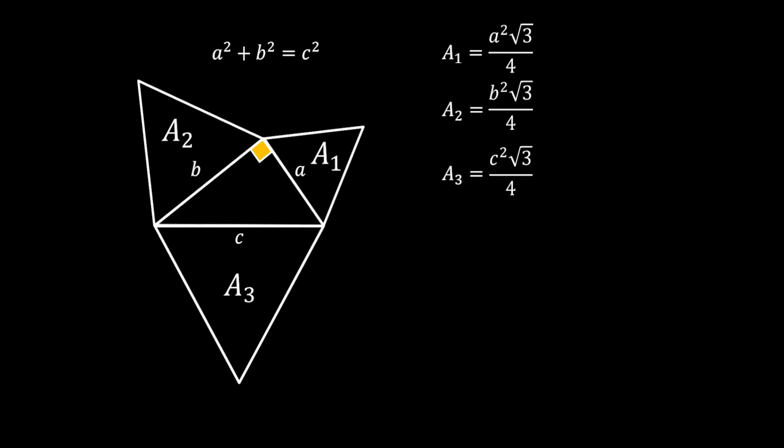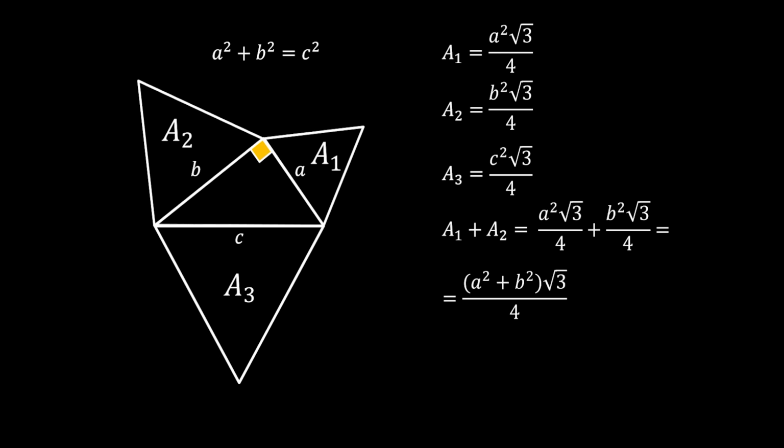Now let's try to find the sum of the areas A1 and A2. We can substitute the values for A1 and A2, and you can see that we have a common factor, so we can group this as A squared plus B squared, times square root of 3 over 4. But remember, A squared plus B squared is actually equal to C squared, so this equals C squared times square root of 3 over 4.